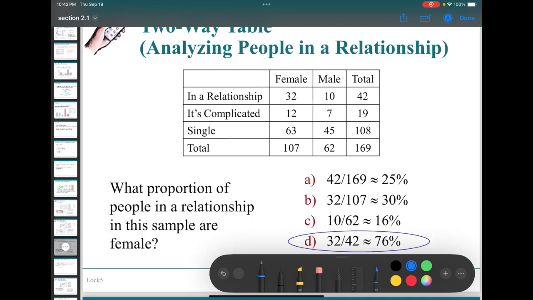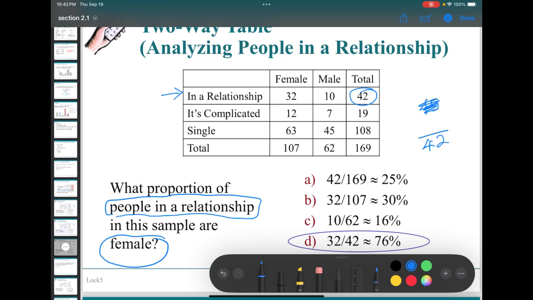Okay, there's another question. We can use the same trick that we used in the previous two questions. What proportion of people in a relationship in the sample are female? This is always about the sample. How many people are in a relationship? That's the first part of this question. In a relationship, we have 42. Sorry, not 45, it is 42.